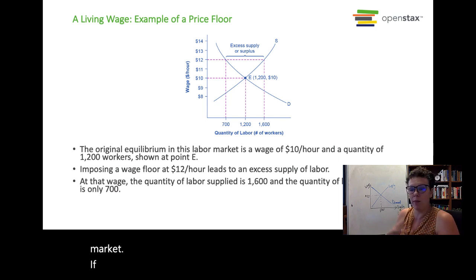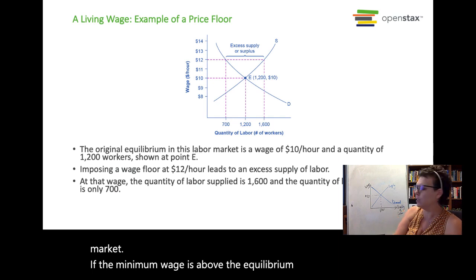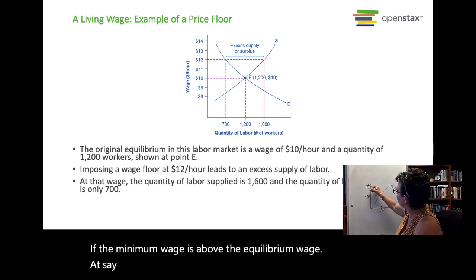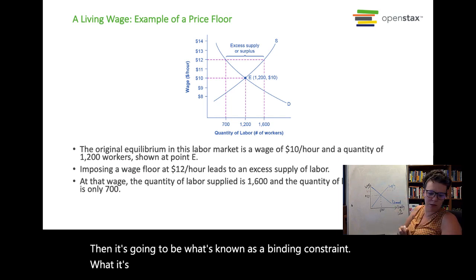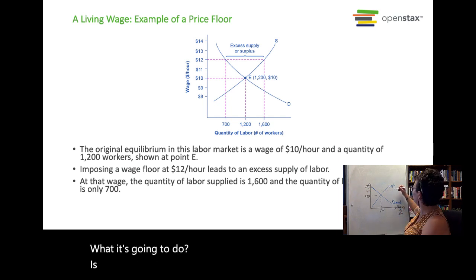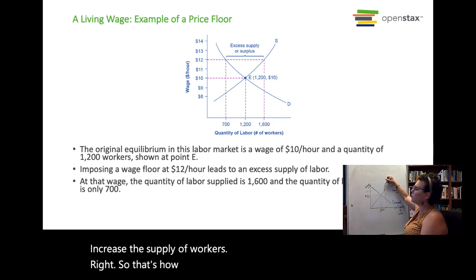If the minimum wage is above the equilibrium wage at, say, $12, then it's going to be what's known as a binding constraint. What it's going to do is increase the supply of workers, right? So that's how many people want to work.